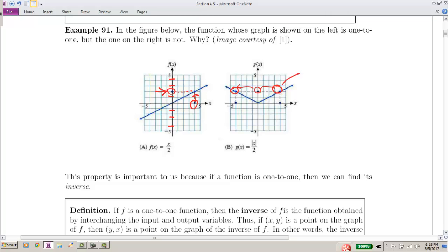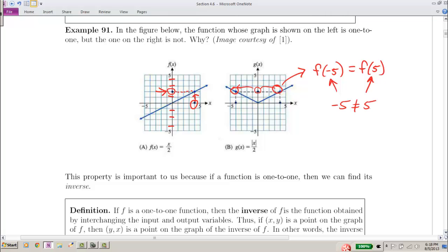So here we have an example where we have f of -5, right? The output that we get when we plug in -5 is equal to the output that we get when we plug in 5, but clearly these two inputs are not the same.